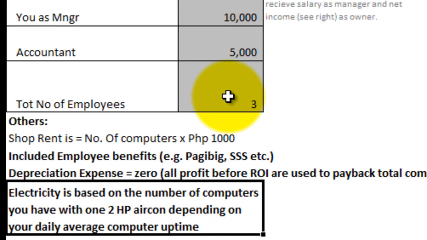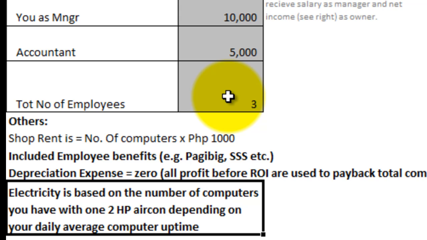Okay, the shop rent is automatically computed as the number of computers you have times 1,000 pesos. So if you have 5 computers, the calculator assumes that you only have a rent of 5,000 pesos. Okay, so the number of computers dictates the area of the shop that you will be needing.